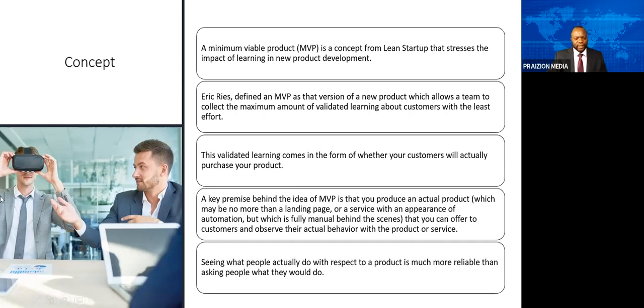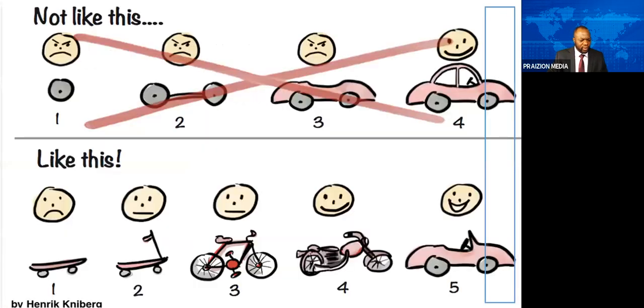So to give you a clearer idea of this, let's examine this image from Henrik Kniberg. And in this, you can see the wrong approach to MVP. Think about it. In the first image up top, you have a customer being given one tire.